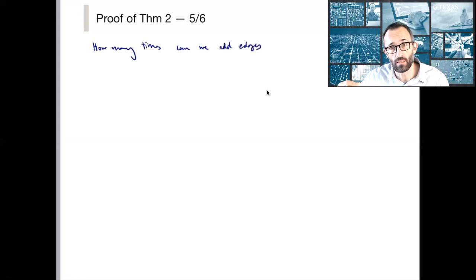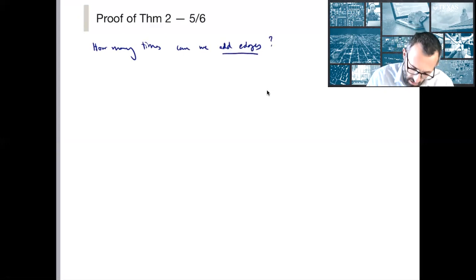So we've referred to this as adding an edge. So now we have to ask, how many times can we add an edge in between augmenting the matching? And let's try to answer that now.